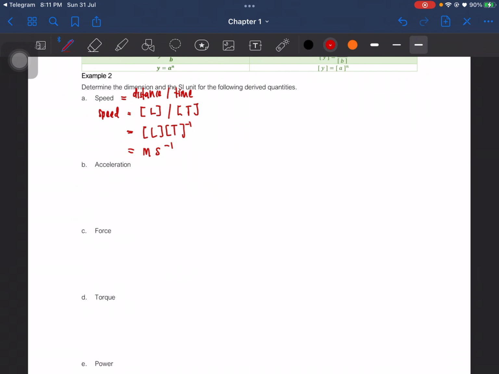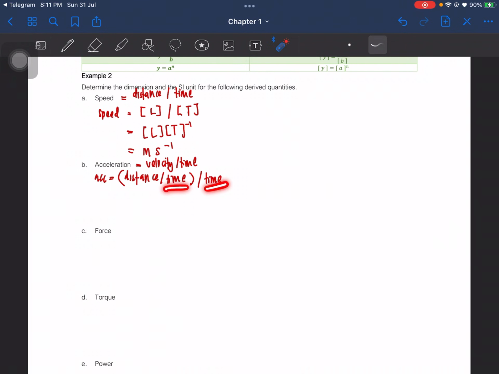Then acceleration. We know that acceleration is equal to velocity divided by time. Velocity is the same as distance over time. So you're going to get distance over time again.